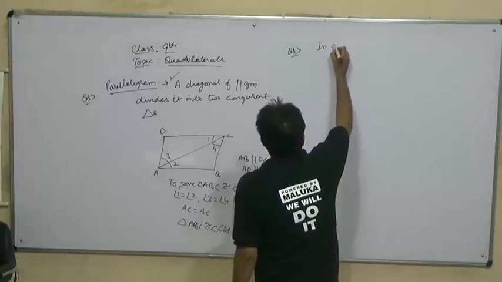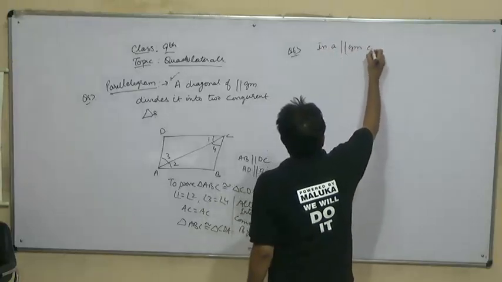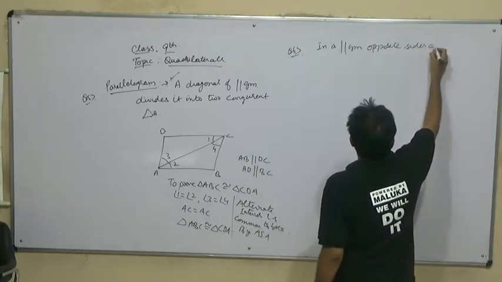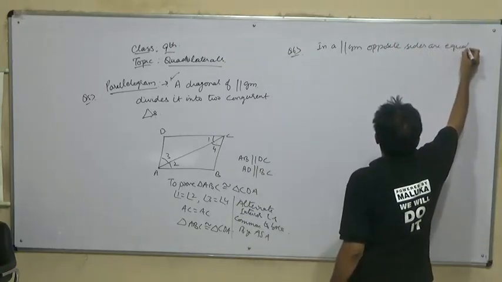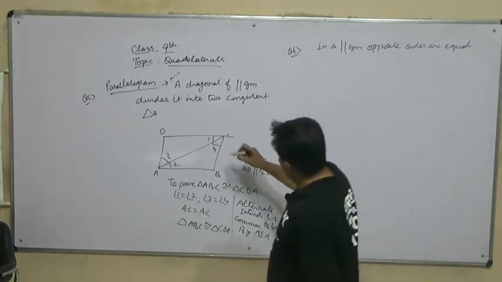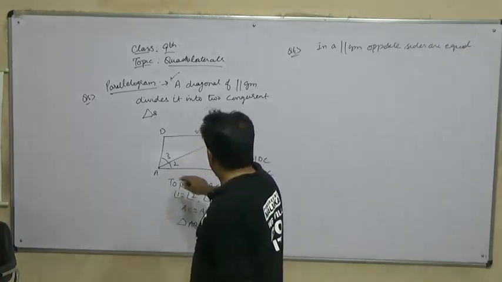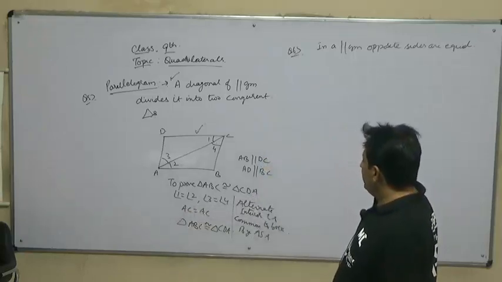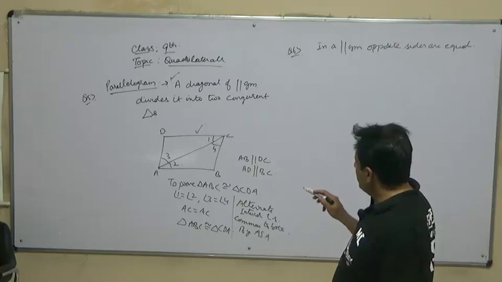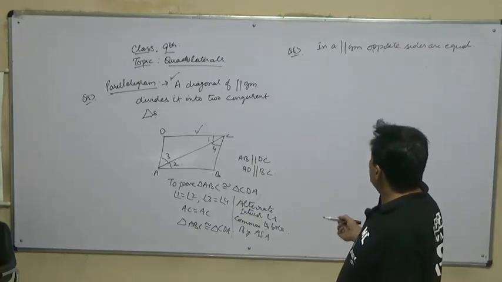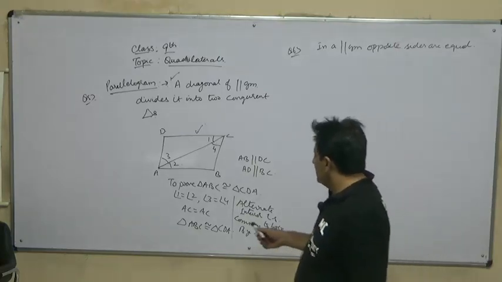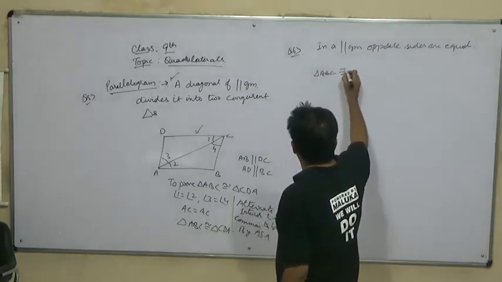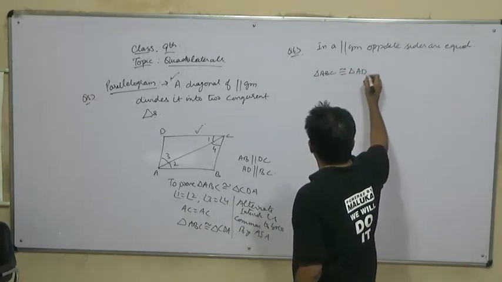In a parallelogram opposite sides are equal. So again we use the same criteria here, that is ABCD is a parallelogram where AB is parallel to DC, AD is parallel to BC, and what we can say from here, that is triangle ABC is congruent to triangle ADC.